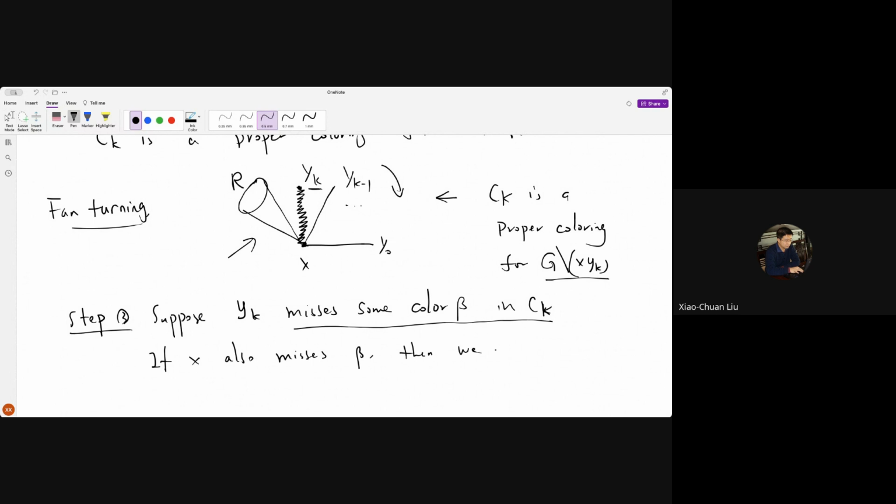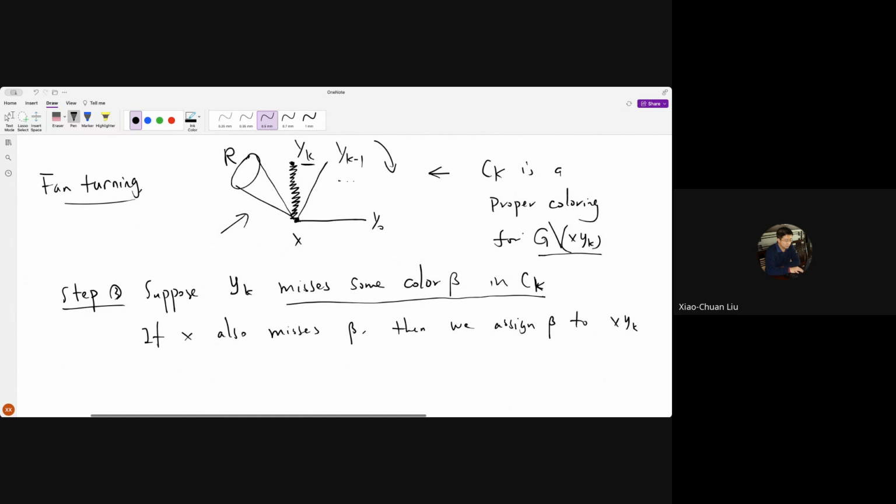We assign beta to this edge x yk, and we get back to G. So this is a proper coloring for G. The point is we never introduce new colors.